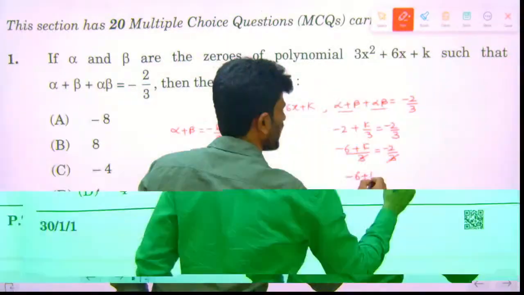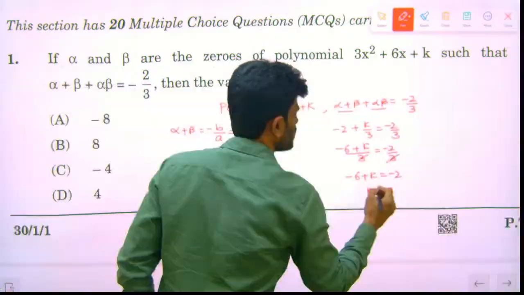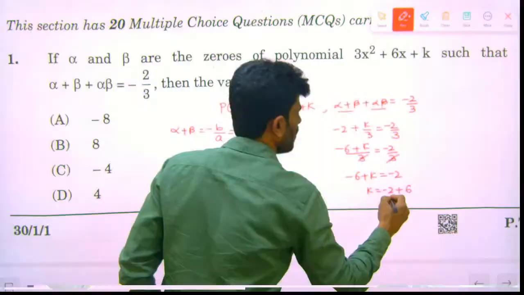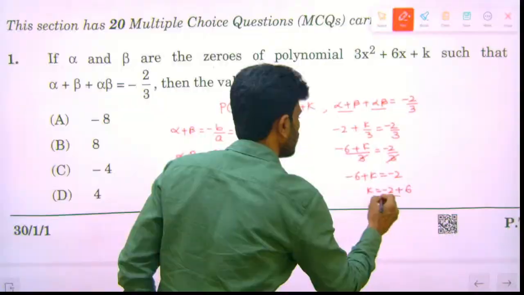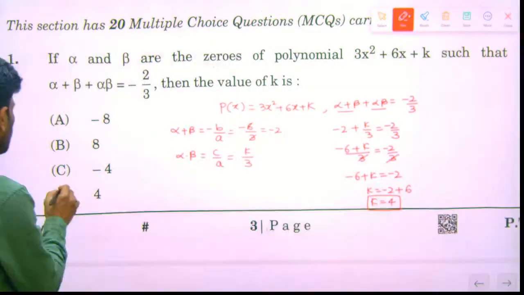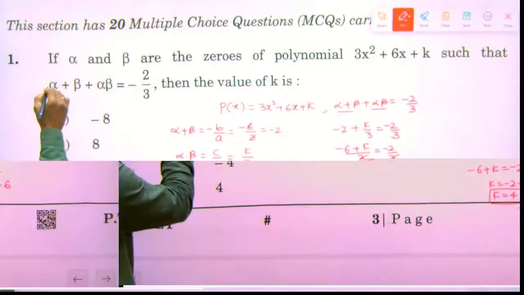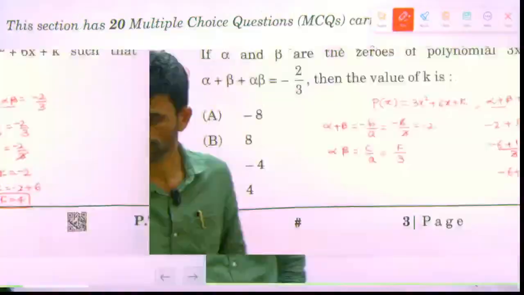Minus 6 plus k is equal to minus 2. k is equal to minus 2 plus 6. Minus 2 plus 6 is 4. So k is equal to 4. So which option? k is equal to 4 is D. So option D. Question number 1 is option D.